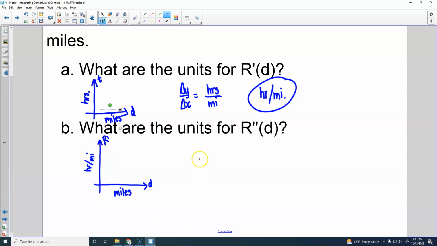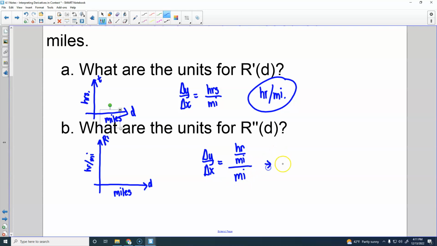So if we think about doing this problem, we're going to have changing our y-axis over changing our x-axis. For your graph of r prime, you've got hours per mile, and then the units for the x-axis is miles.